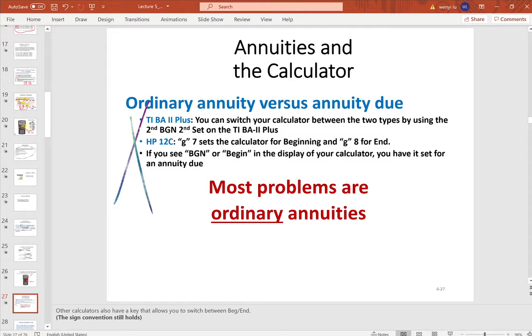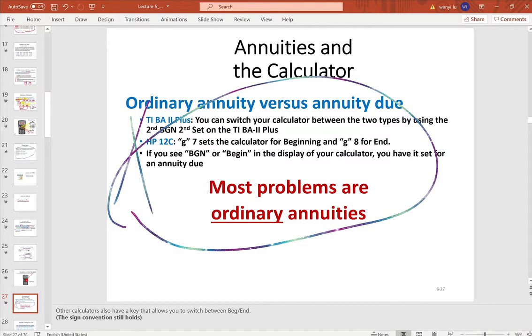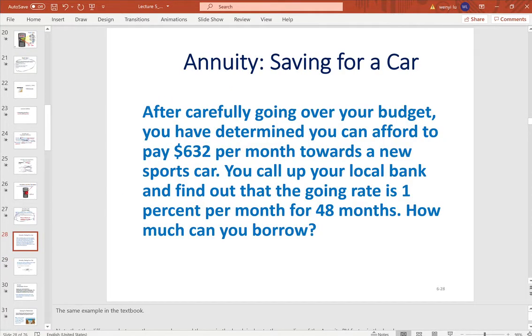You will be totally lost when you switch the mode forward and backward. It's not good. In our applications, just ignore this one. We will show a different way to do the annuity due.